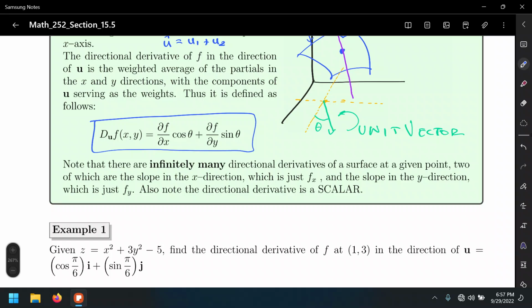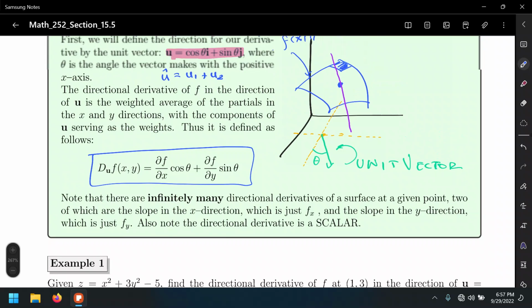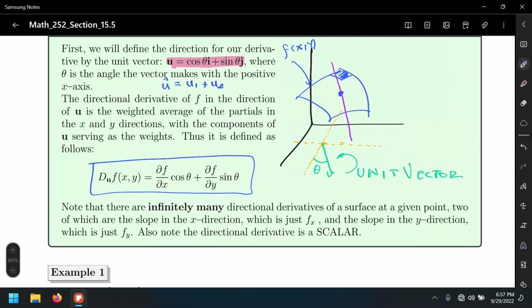Okay, so what is this derivative going to be? It's going to be a scalar again, because we're finding the slope, a rate of change, so that should be a number, not another vector. Another way to do this is partial f with respect to x times the component u1, plus partial f with respect to y times the component u2.